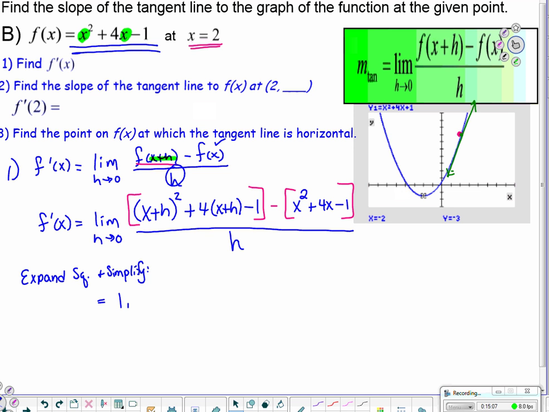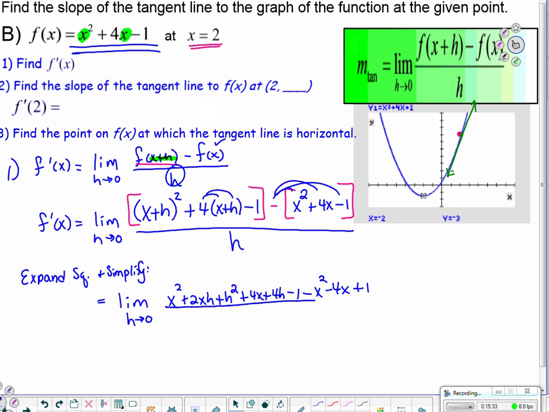So I'm going to get the limit, because you're always writing this down. The limit as h goes to 0. Square this, and we're going to have x squared plus 2xh plus h squared. Distribute gives me plus 4x plus 4h minus 1. Distribute the negative, minus x squared minus 4x plus 1.